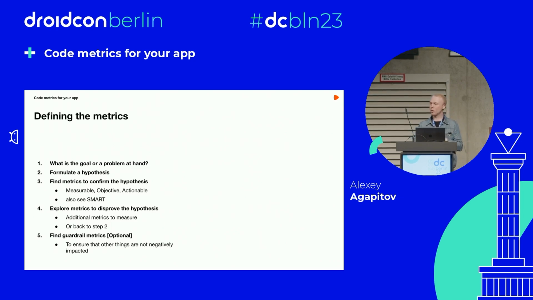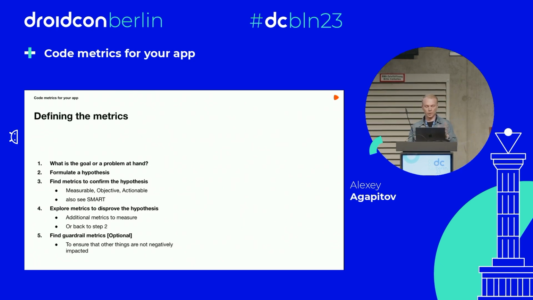If you don't have a goal, or at least an abstract understanding of what the problem of your project is, it doesn't make sense to even start with metrics. Keep in mind that metrics are not the goal in themselves. They are just a tool to measure if you are working on your plan, following it, and the work that you do actually has the impact that you expect it should have.